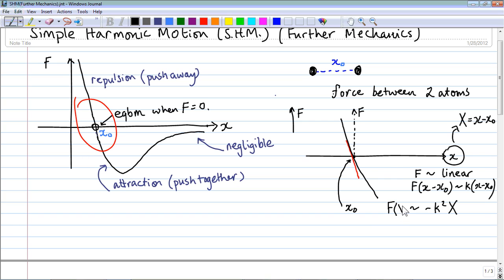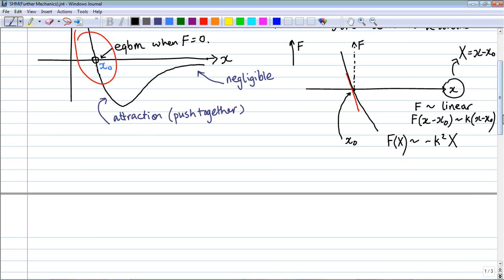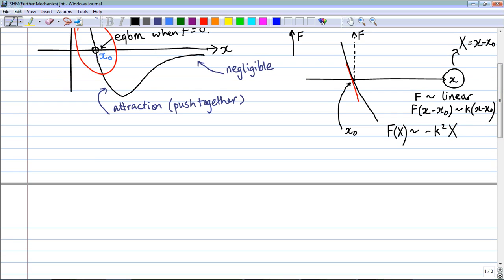And now I hope you see how SHM enters into this. SHM is the natural result of this set of assumptions under stable equilibrium. So we're getting f of x according to Newton's second law.